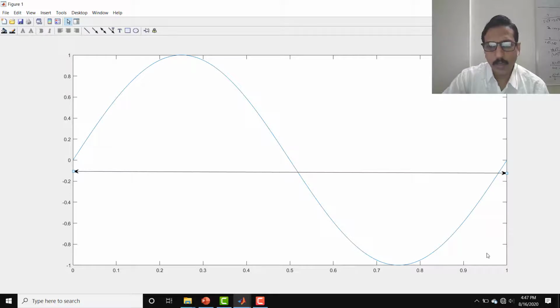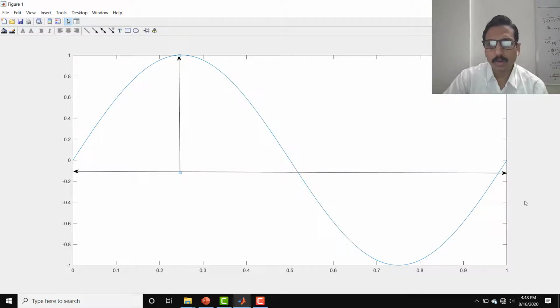So the x-axis is showing seconds, 1 second. As far as the y-axis is concerned, for example this distance, you can see it is also 1. It means this is 1 volt of the sine waveform, and you can see only 1 cycle in 1 second. That's why this waveform has 1 hertz of frequency.